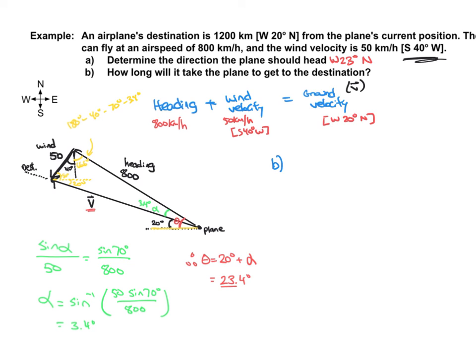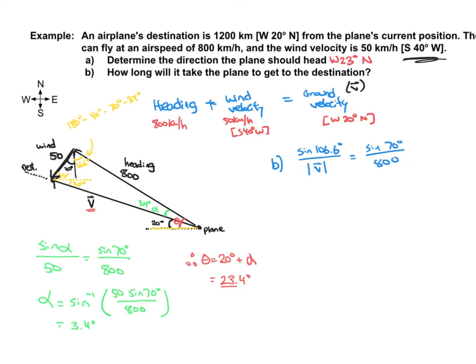This time I'll say sine of 106.6, so that top angle, over the magnitude of V equals, now I choose another pair. I'll go with 70 degrees again, which is opposite to 800.